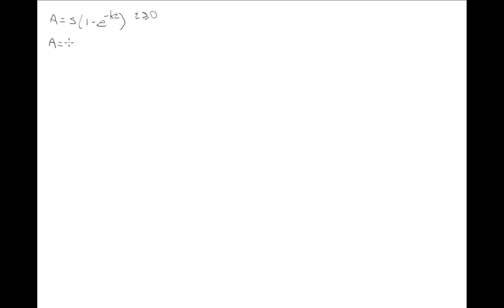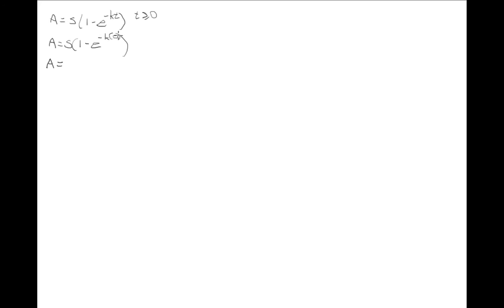So A is equal to S times (1 minus e to the power of minus k times 0). You might start to recognize what's going to happen here, but let's work it out. K times 0, it doesn't matter what k is, multiplied by 0 it's still going to be 0.